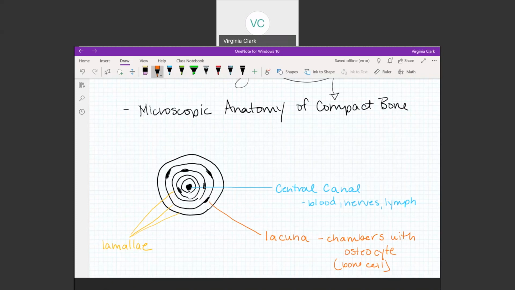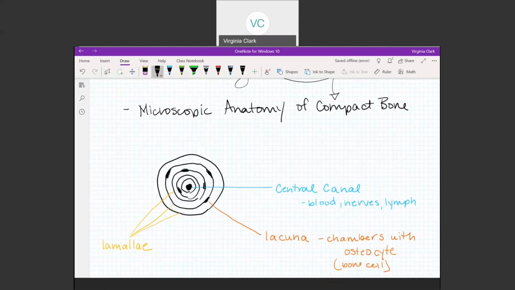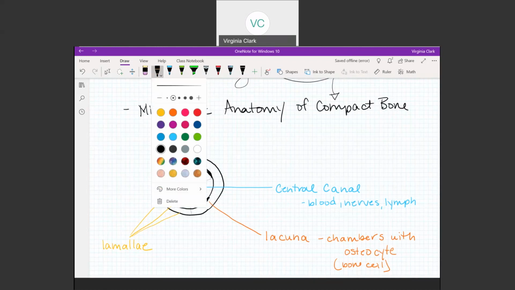So a couple other things that we're going to have with these lamellae and this lacunae and this central canal. The last thing we're going to talk about is that sometimes within these compact bones, you'll see little branches that kind of will string along and on the way out. These are actually going to be called canaliculi.